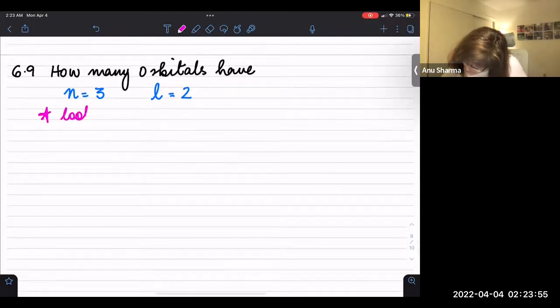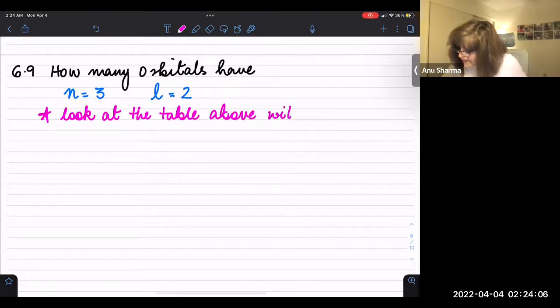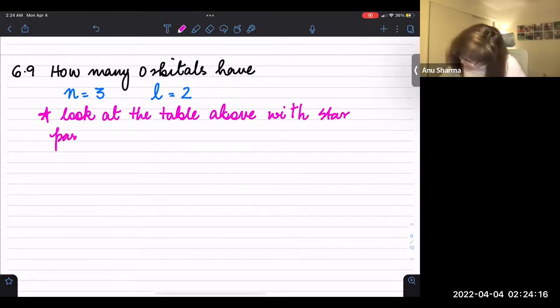Look at the table above with the star marked in pink color.